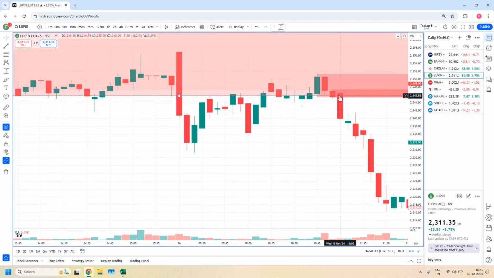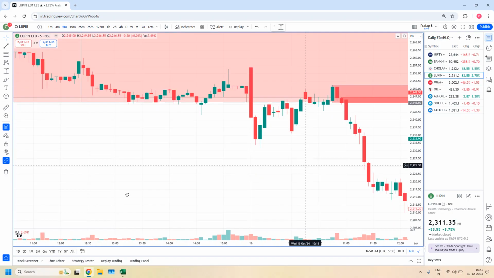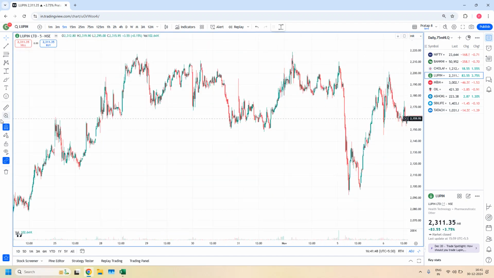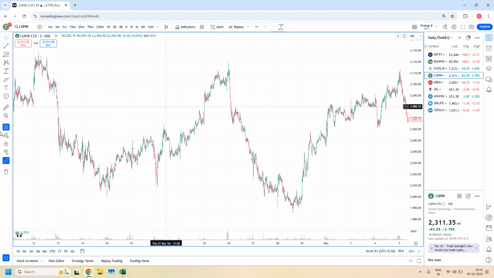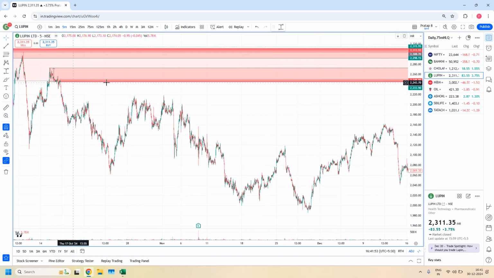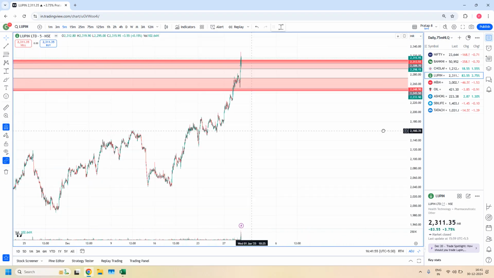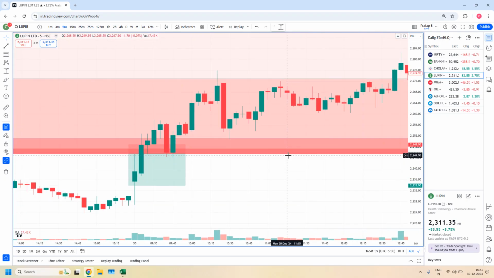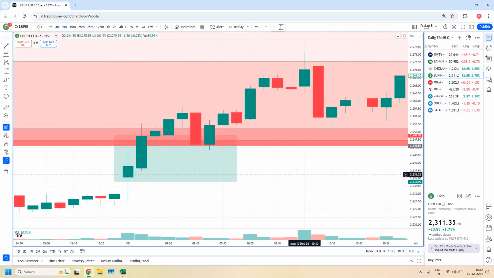See here, you have a drop base drop. This is a fresh zone. This one is a fresh zone. Today price came and entered this zone. This is the morning 9:15 candle.